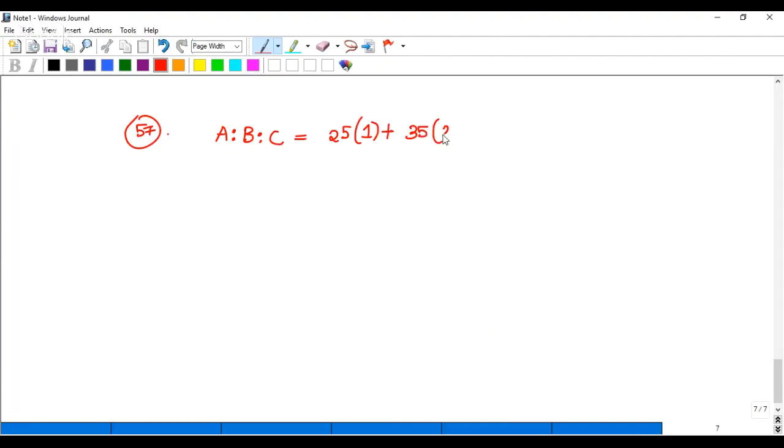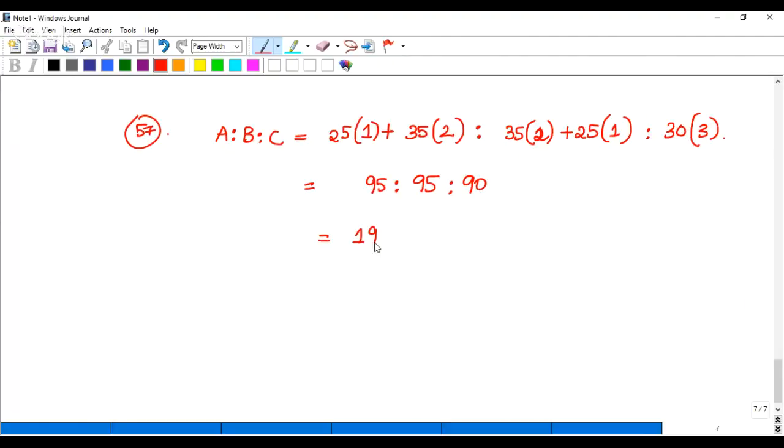So, 35 for 2 years is to 35 for 2 years plus 25 for 1 year. He is withdrawing 10 lakhs and C invests 30 lakhs for all the 3 years. So this is 7095 is to, this is also 7095 is to, this is 90. So simply 19 is to 19 is to 18 is the ratio.